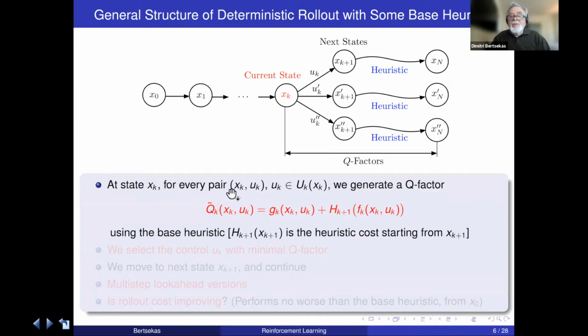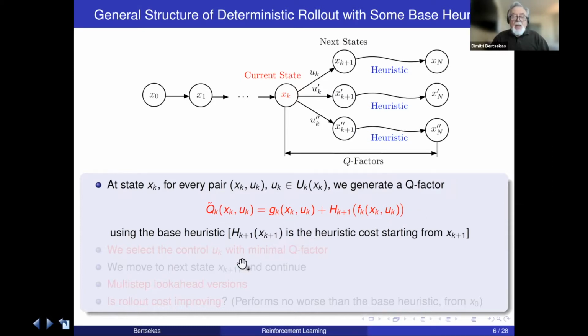And for every pair of state and control, we generate a Q factor, which is the cost of the transition using uk, plus the cost of the heuristic policy, starting from this state and going all the way to the end. The sum of the costs of this and of that is the Q factor of this control. And there are several of those Q factors.